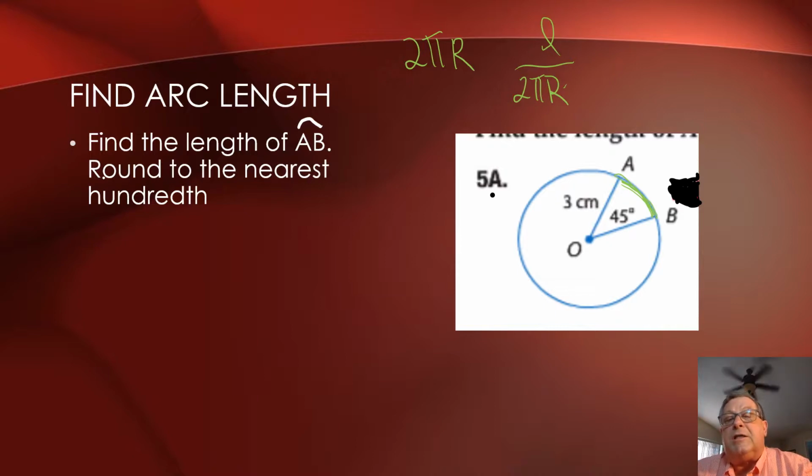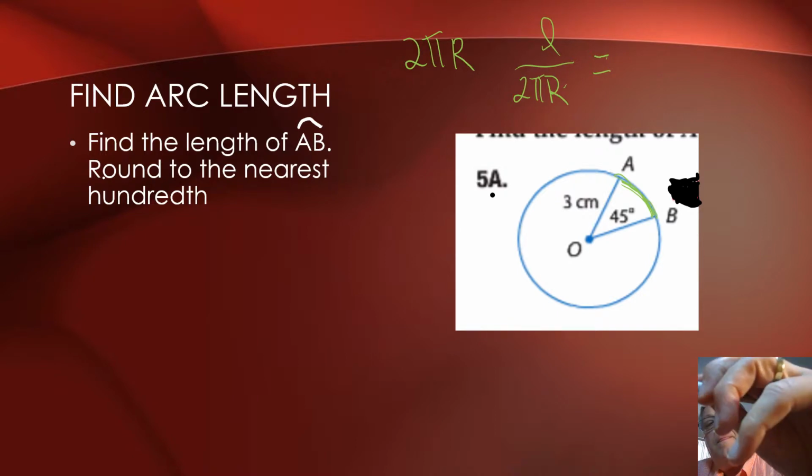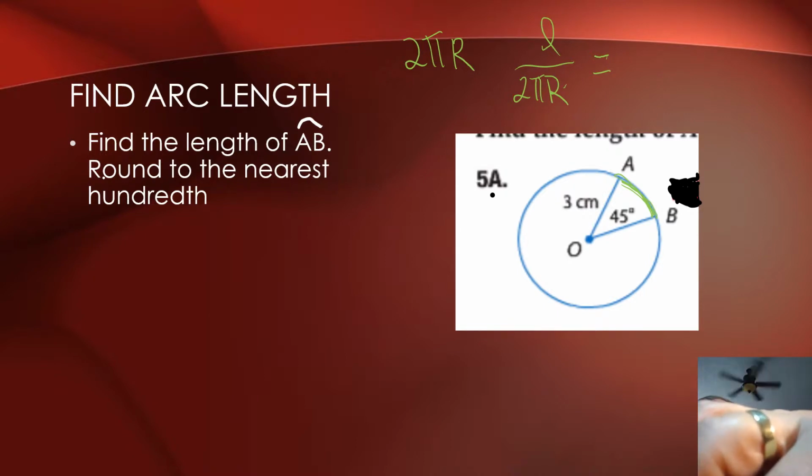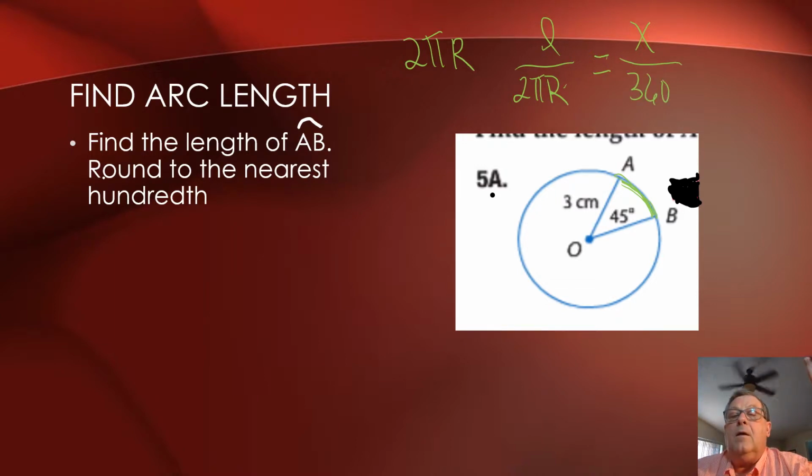Now, there's 360 degrees in a circle, and the measure of the central angle equals the arc measure, and so we can set this up as a proportion of L over 2 pi r equals x, the central angle, over 360.